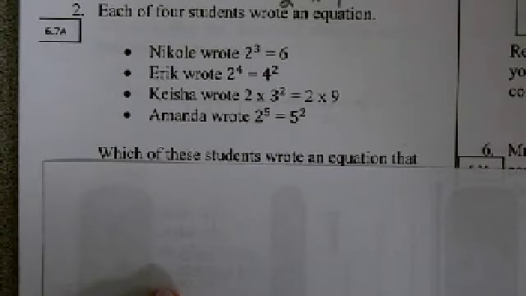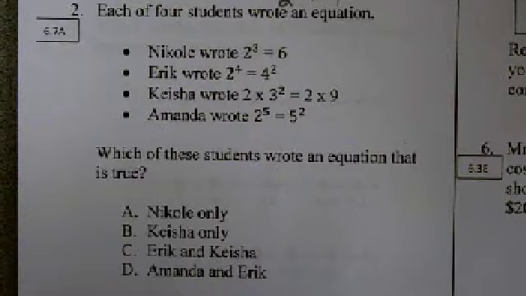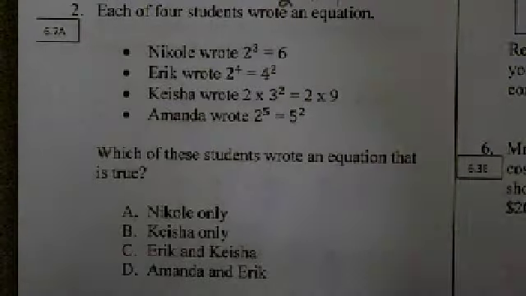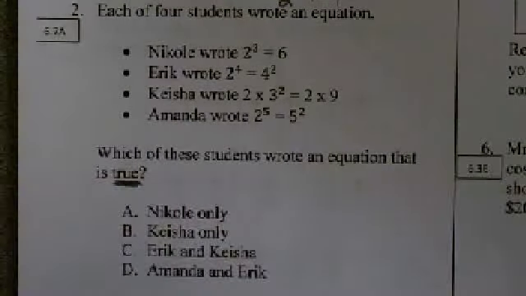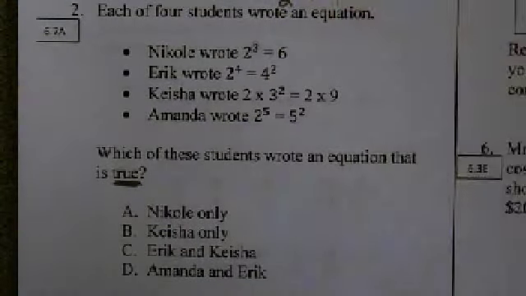Each of these 4 students wrote an equation, and their equations are listed right here. The question asks us which of these students wrote an equation that is true. So we need to find the equations that are true. I would first start writing out each of their equations in expanded form because they are written in exponential form.